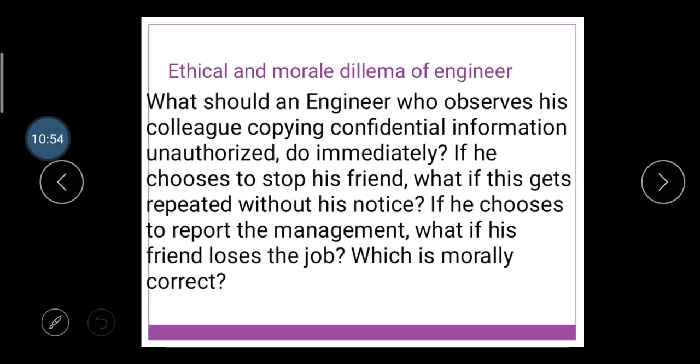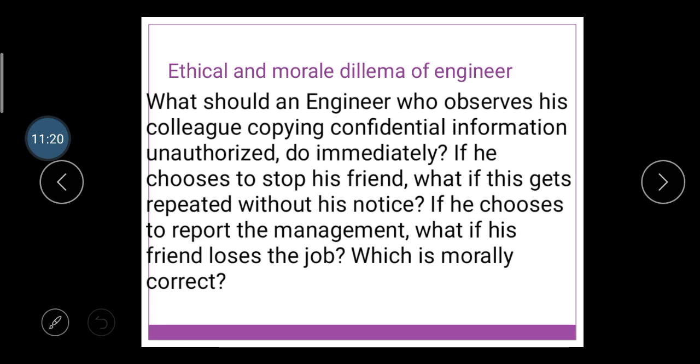Okay, here an engineer faces a problem: a friend who is working with him or her in the organization is doing unethical practices, revealing confidential details to other parties.